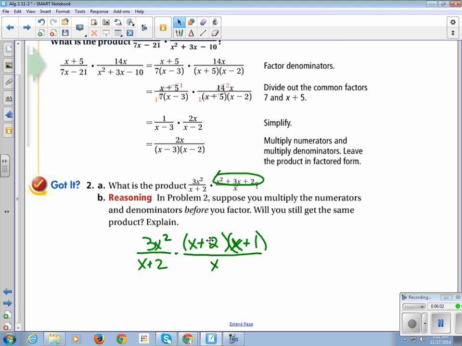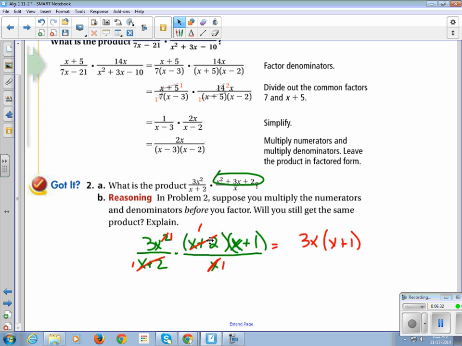And I know that x plus 2 divided by x plus 2 is 1. And the x on the bottom here cancels out with one of these x's here. So I'm left with 3x times x plus 1 over 1 because these guys just become 1. And that's it. That's for A.